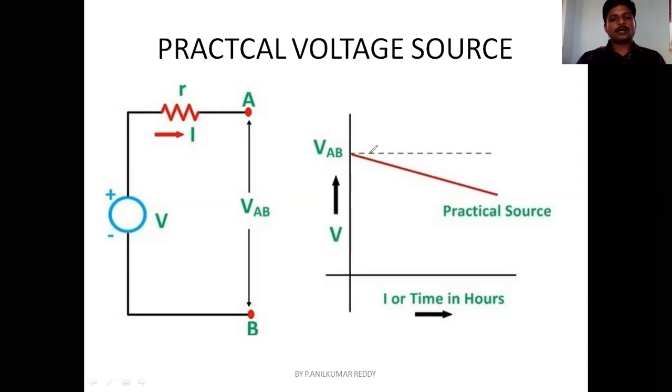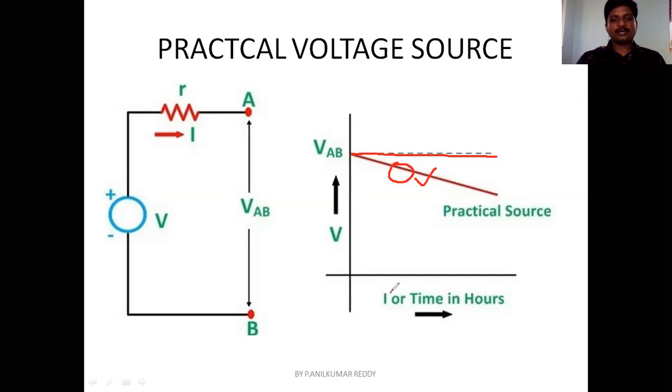Let us say this straight line, as you can see on the screen, is the ideal voltage source characteristic. The practical voltage source characteristic will be like this, which is a dropping characteristic, or you can say drooping characteristic.